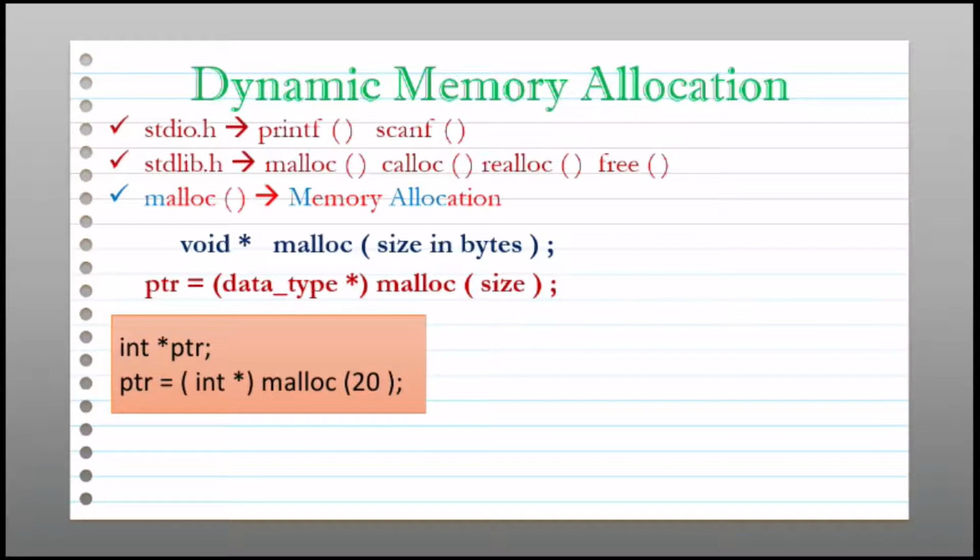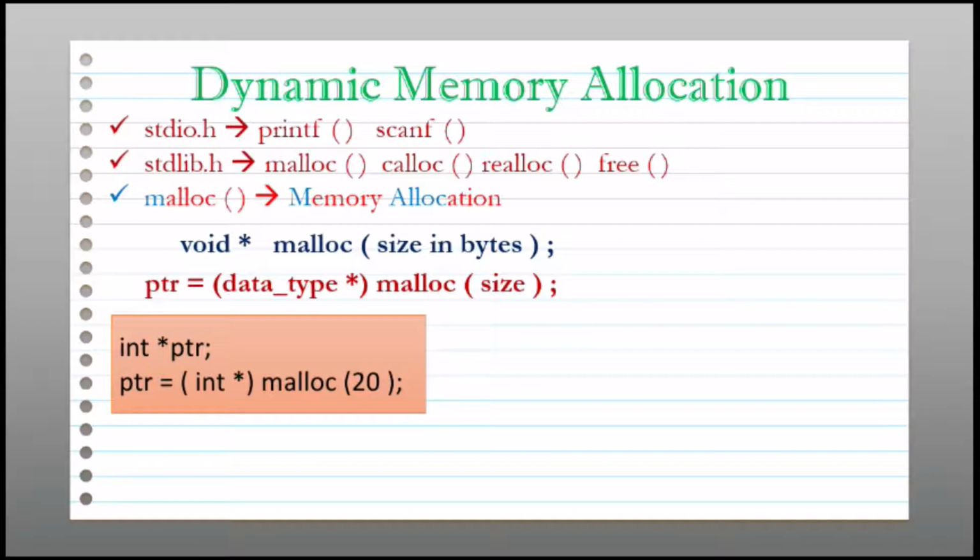So how many bytes are required for an integer depends on the compiler. Suppose the compiler takes 2 bytes for each integer, then in this example we have allocated 20 bytes, which means we can save 10 integer values in the memory block.